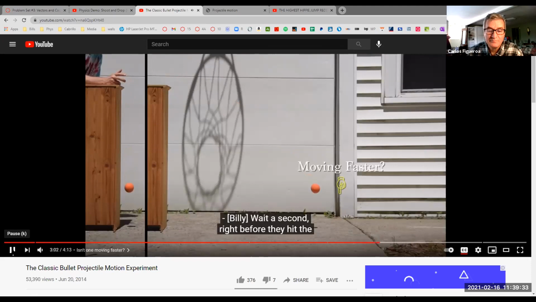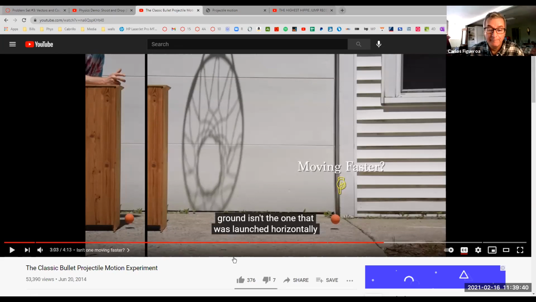Wait a second, right before they hit the ground, isn't the one that was... So you can clearly see what's going on there, right?